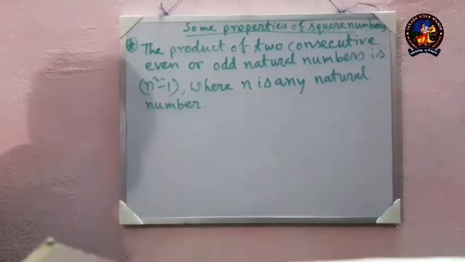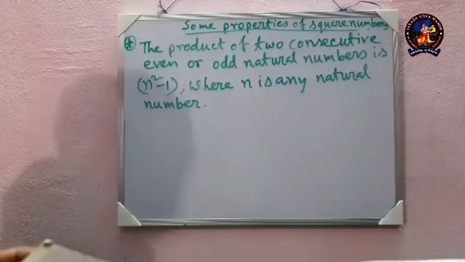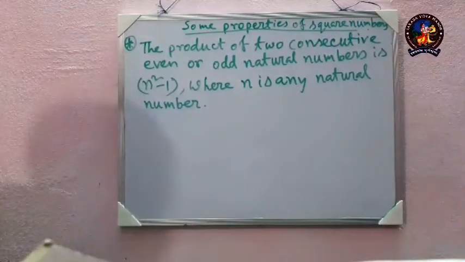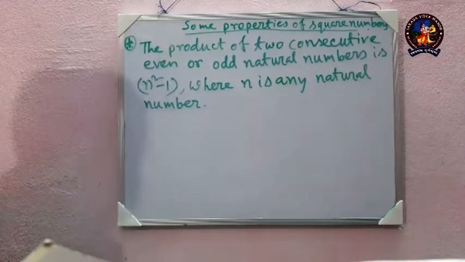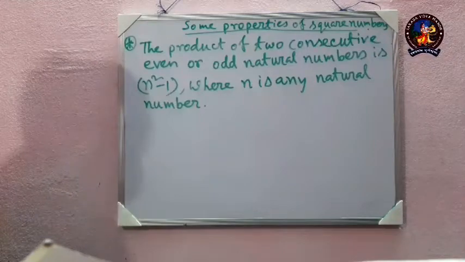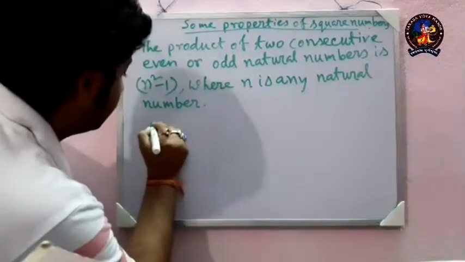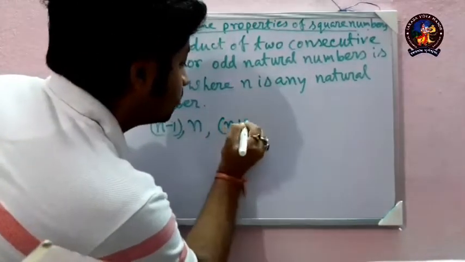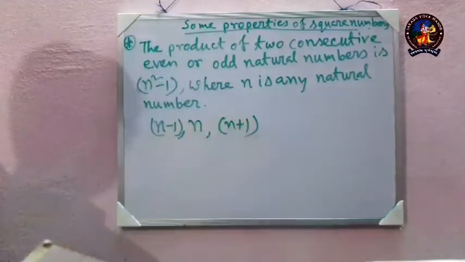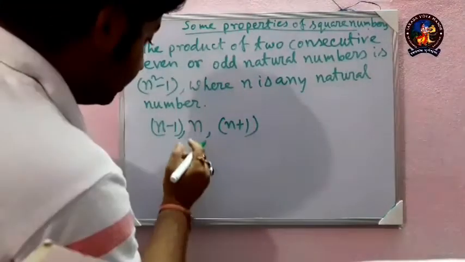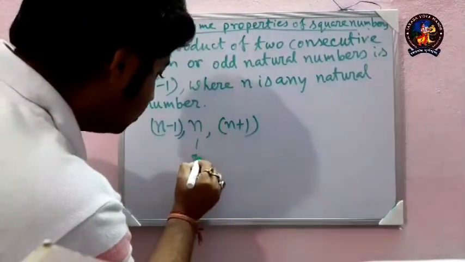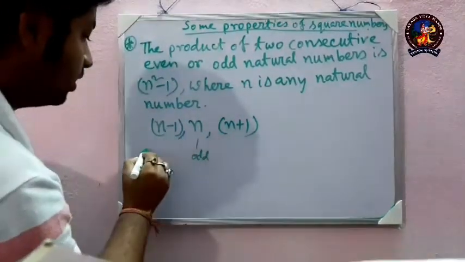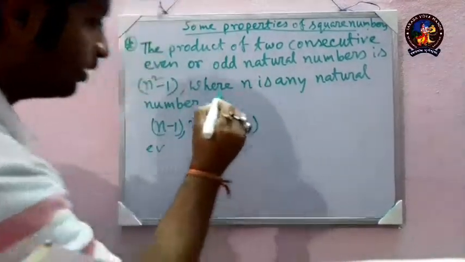Product of two consecutive even or odd natural numbers is n square minus 1, where n is any natural number. Previously I have discussed that if n minus 1, n and n plus 1 be three consecutive natural numbers, and here if n is odd, then n minus 1 and n plus 1 are even, right?